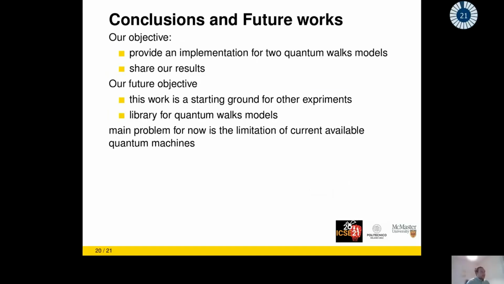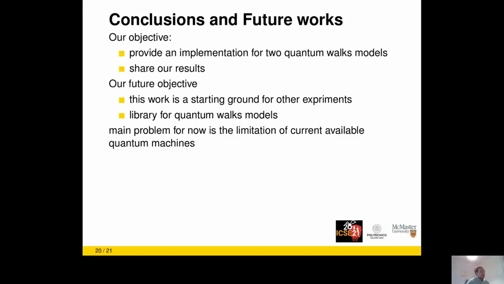And now we can conclude this presentation. With this work, we propose an implementation for these 2 quantum walk models, and we shared the results that we obtained by simulating and running on a real quantum computer these 2 models. This work is just a starting ground.